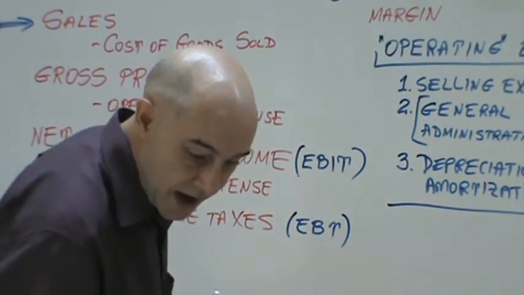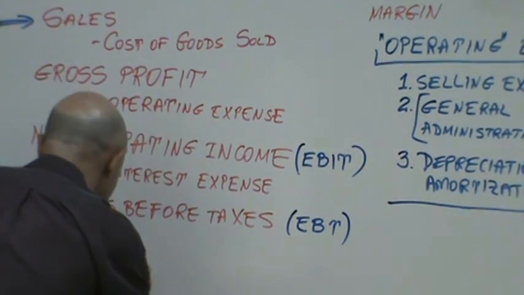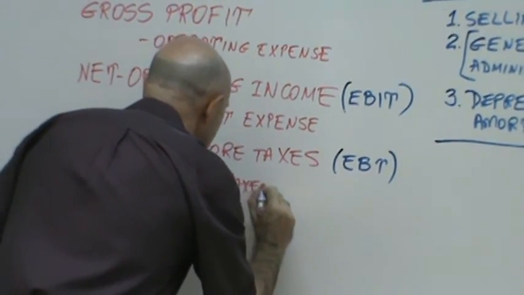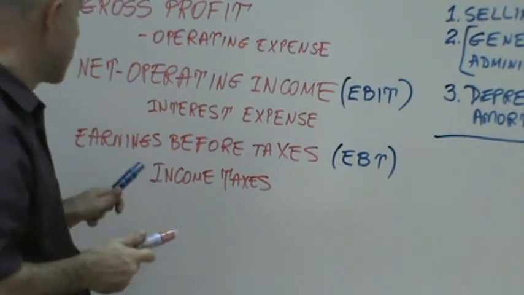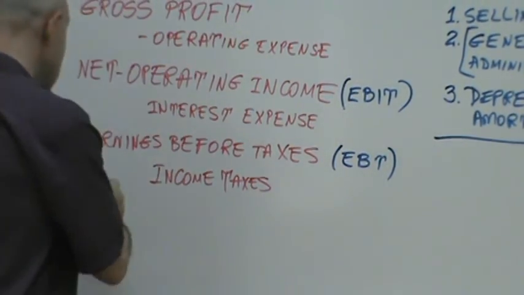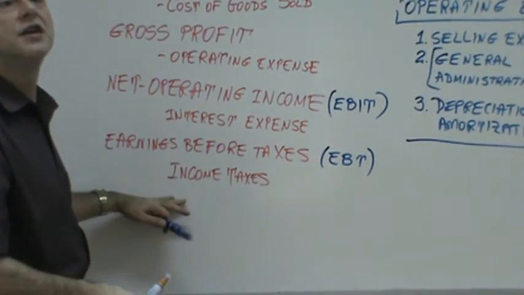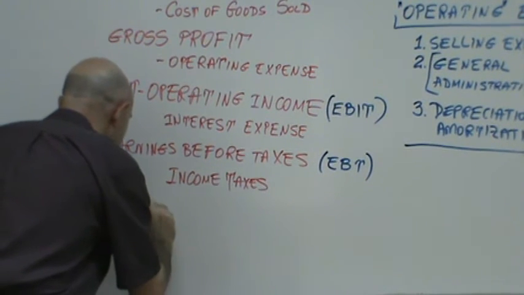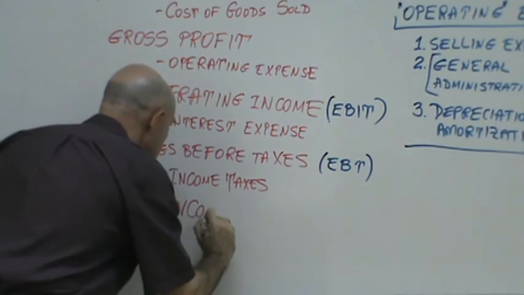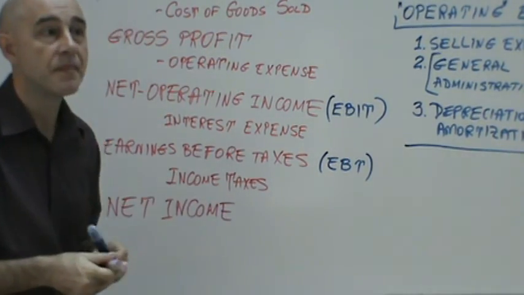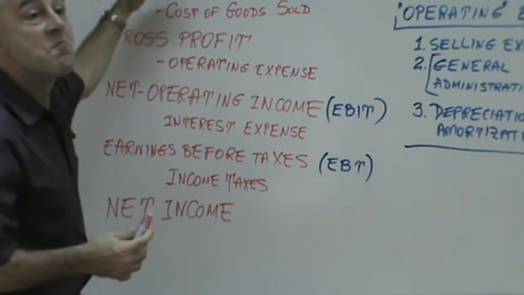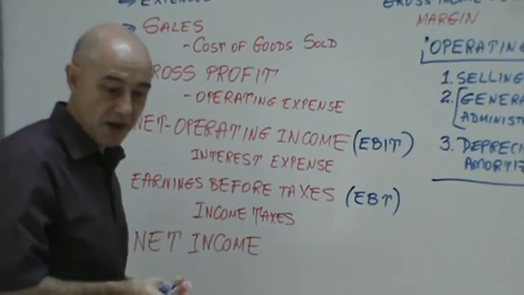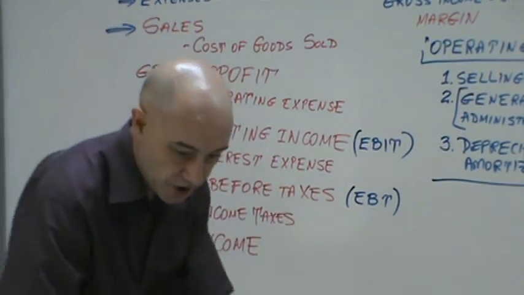Then you take the taxes out, so you subtract income taxes, and you get earnings, and earnings we simply call net income. This we call a multi-step or multiple-step income statement. Let's see what else I got. So we are finishing for today with this section.